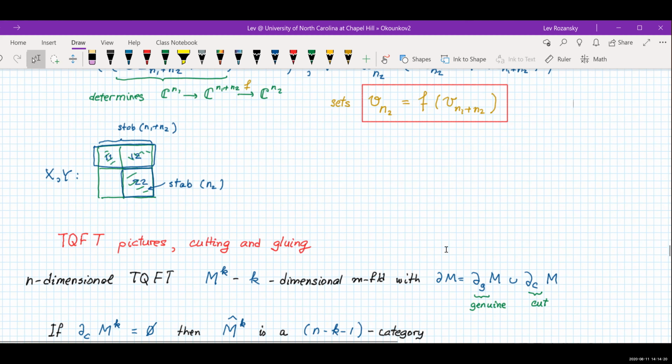that physicists like. Mathematicians, people categorifying quantum groups like this type of pictures. So you will see them in Khovanov-Lauda and related family of papers, and people categorifying Heisenberg.